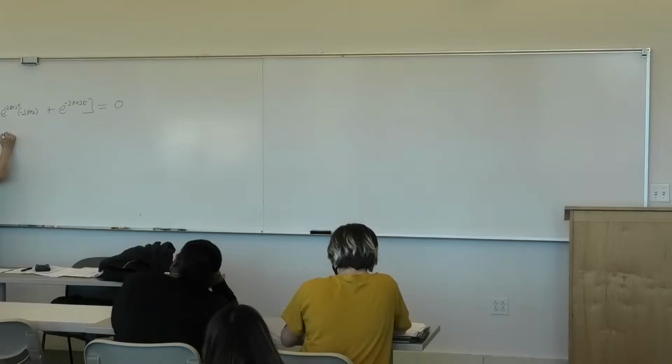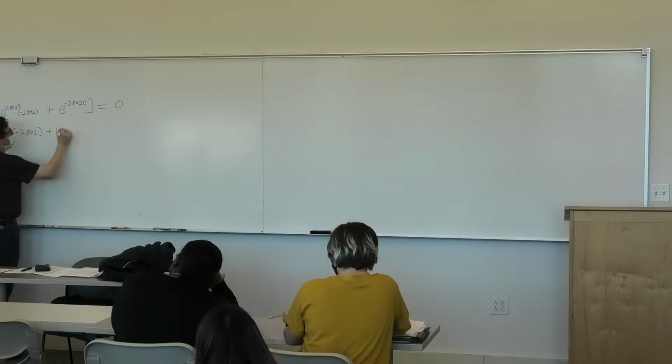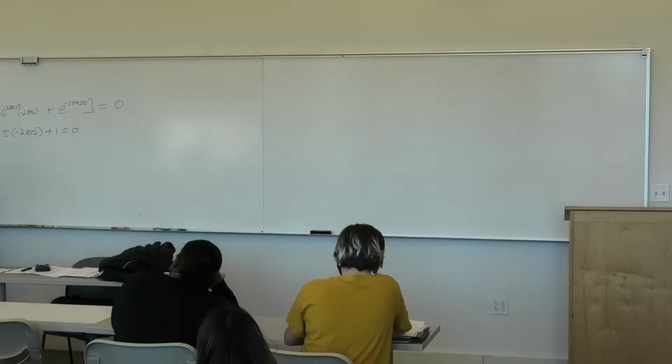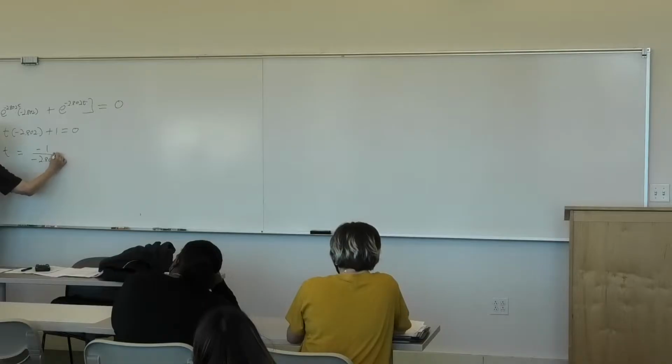So what are we left with? We're left with t times negative 2.802 plus 1 equals 0. Oh, that's a lot easier. t equals minus 1 over minus 2.802.